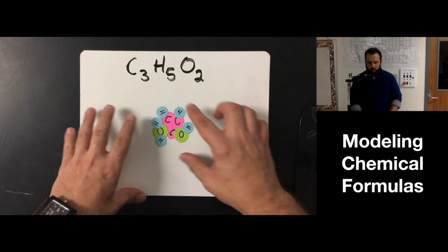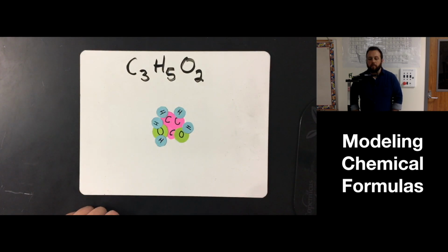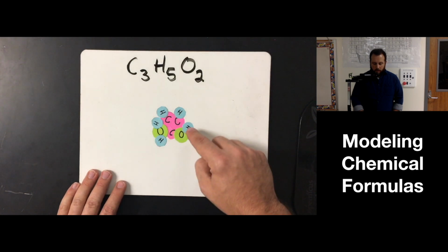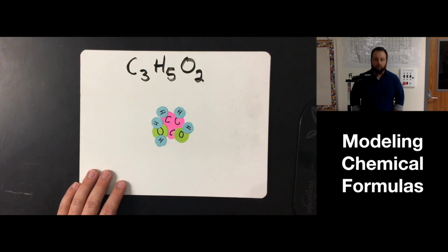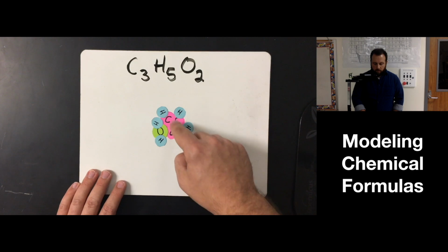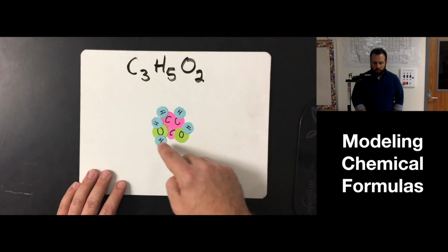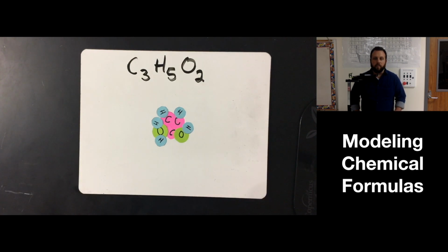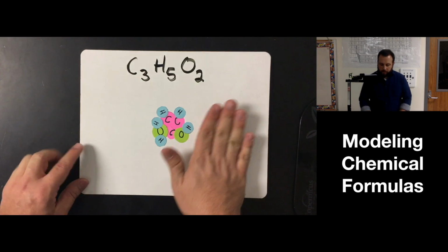This is an example of a model for this compound. There are 3 carbons, 5 hydrogens, and 2 oxygens. This would be one type of example that we could use to model this compound.